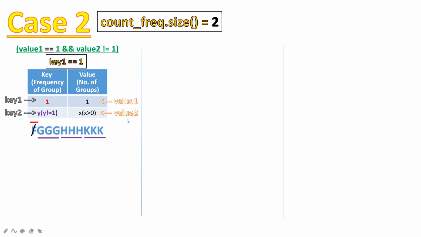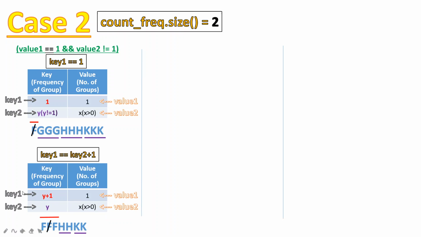That's a possible scenario. The next case is when we have a single group having a higher frequency, and the remaining groups having lower frequencies.